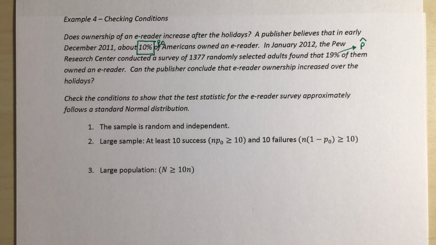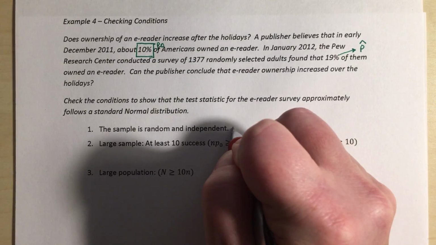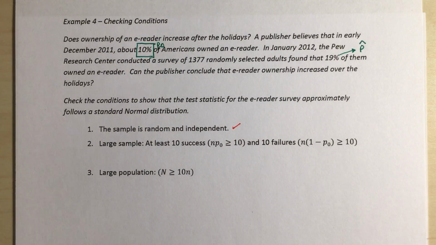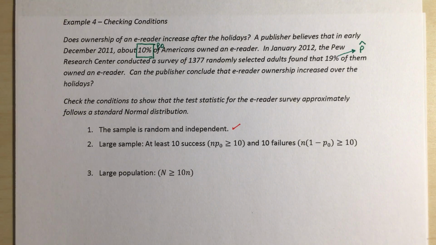So we're going to go through and check our conditions again as we have in the past. Our sample is random and independent. Yes, we're going to assume that's true unless we are told otherwise. At least 10 successes and 10 failures. We're going to take our sample size times our P-naught.